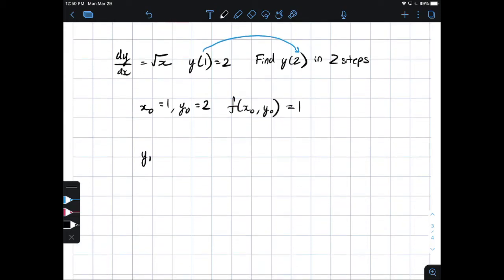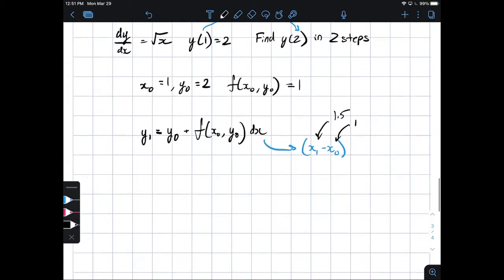Now our Euler's method equation: y1 is equal to y sub 0 plus our differential times dx. I think it's written by Kanuga as x1 minus x sub 0. In this case, our x sub 1 is going to be 1.5, and our x sub 0 is going to be 1, so you're going to get 0.5.